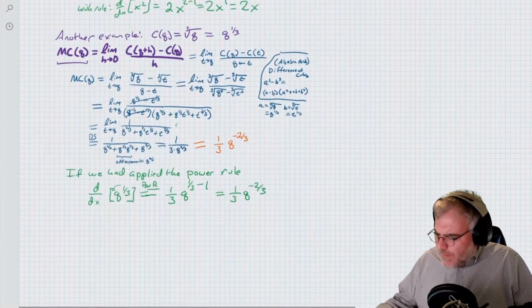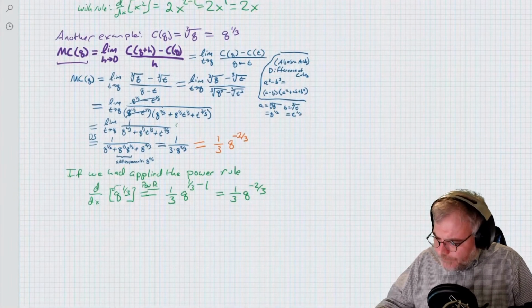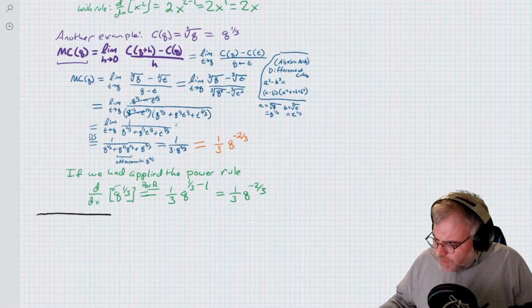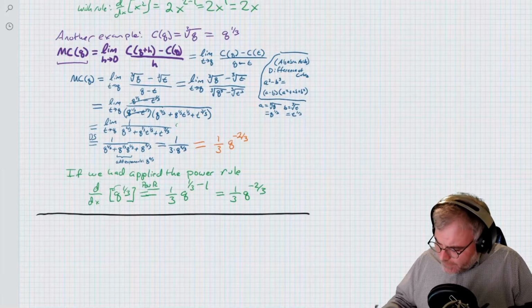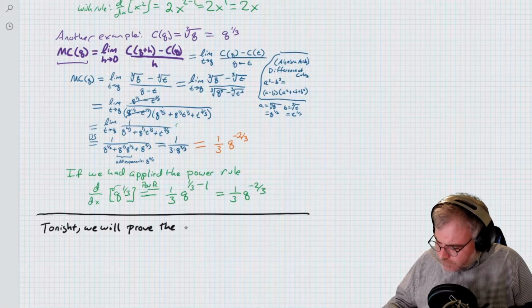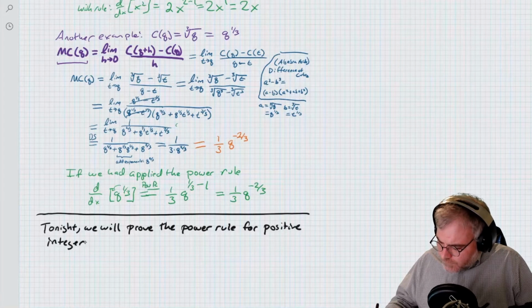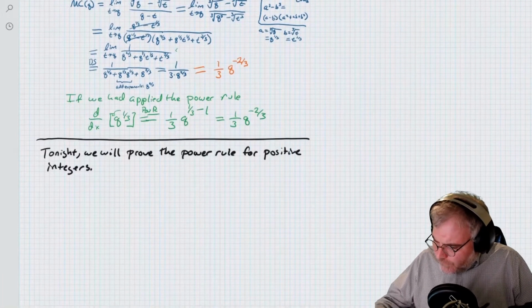So let's state what we're going to do right now. What we're going to do is a small thing: the power rule for positive integers. Tonight we're going to prove the following.